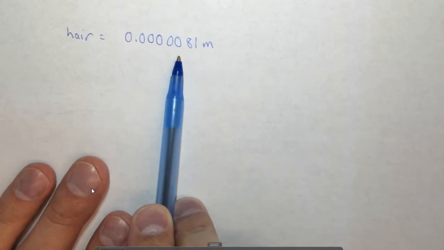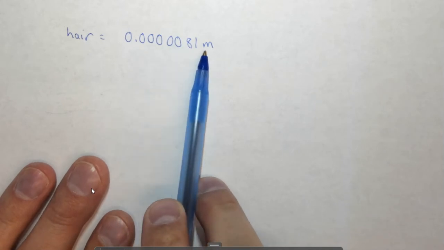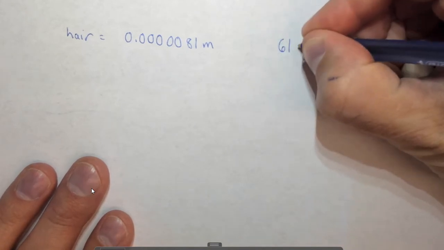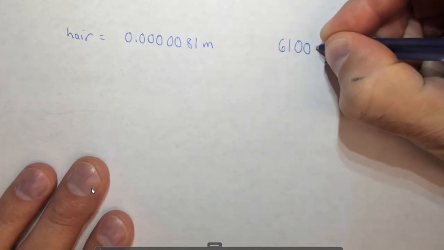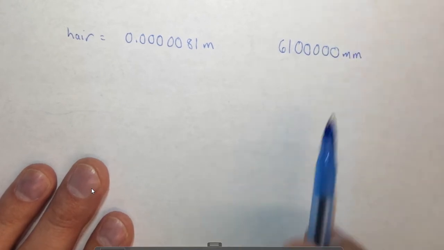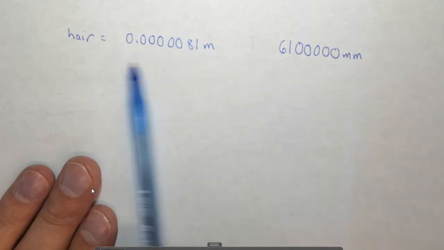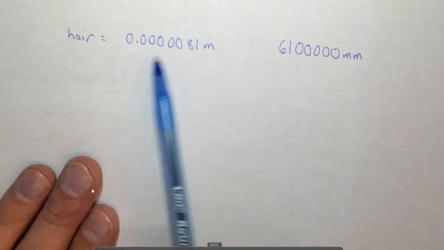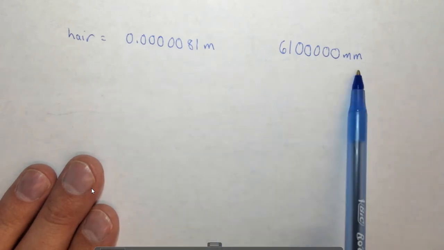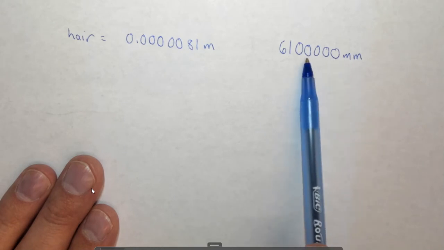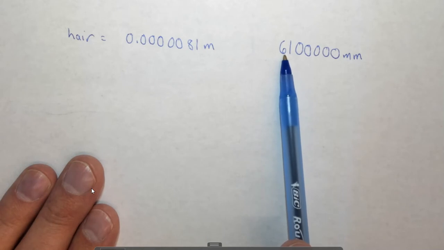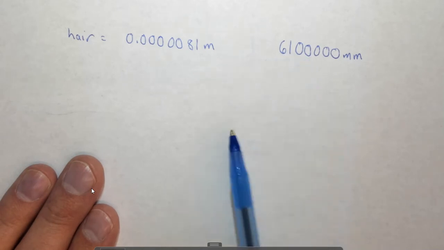Or let's say that you have the distance between the uptown campus and the downtown campus at the University at Albany in millimeters, which is 6,112,123 millimeters. So just counting the zeros there. In this case, a very, very large number of millimeters between the uptown campus and the downtown campus at UAlbany. It's about 6.1 million millimeters.